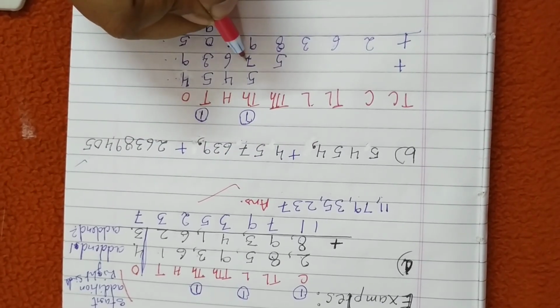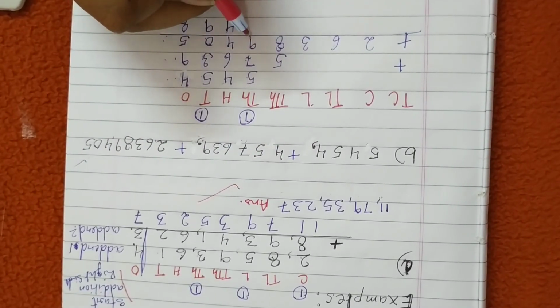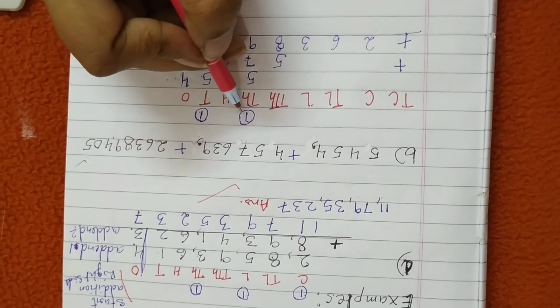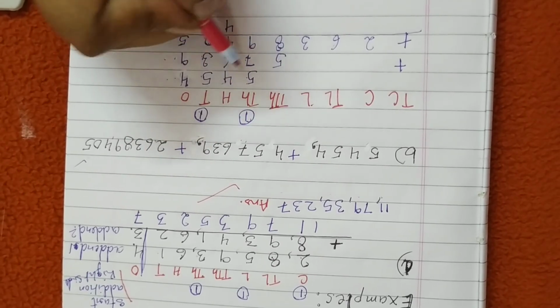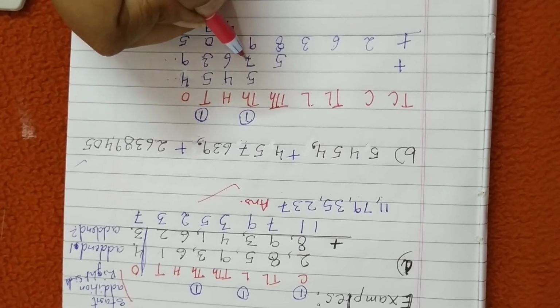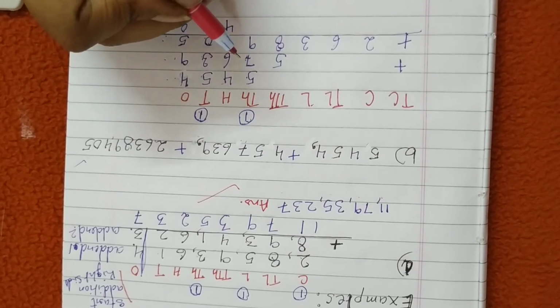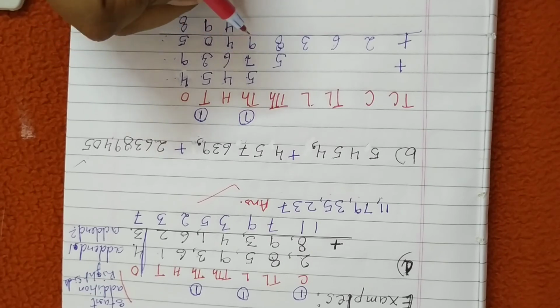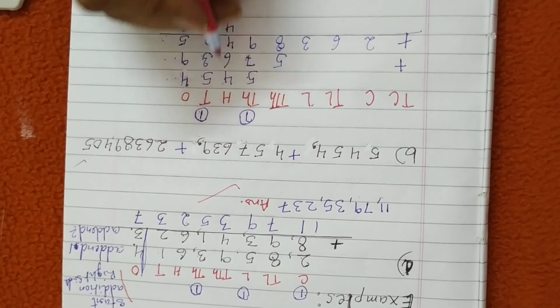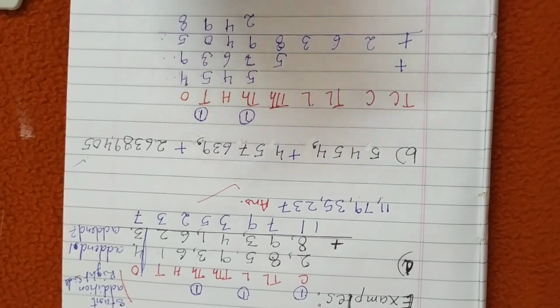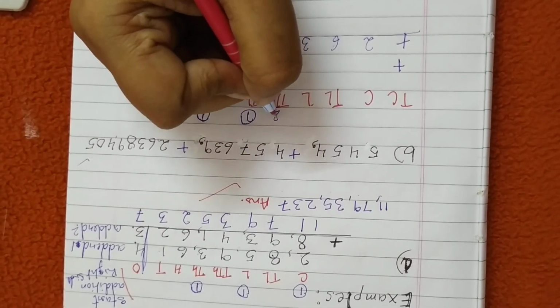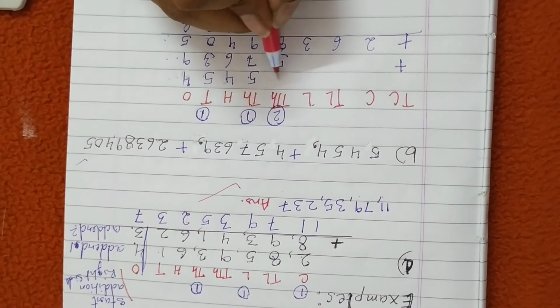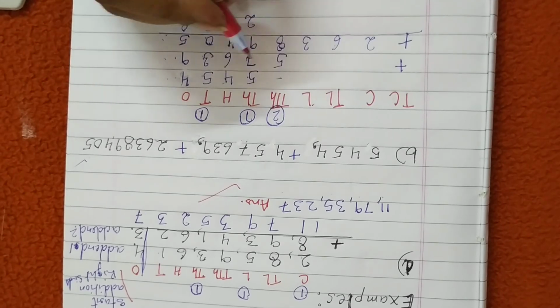5 plus 7, 12. 12 plus 9, 21. 21 plus 1, 22. So I'll be writing 2 here and giving 2 as carry over to the 10,000s. Nothing is here, so it is 0.